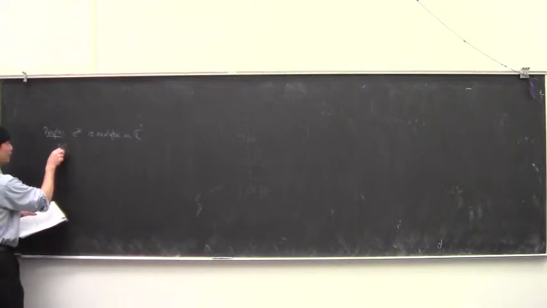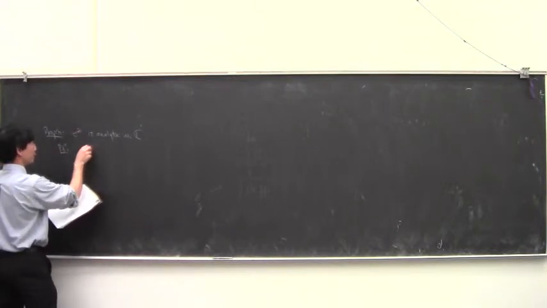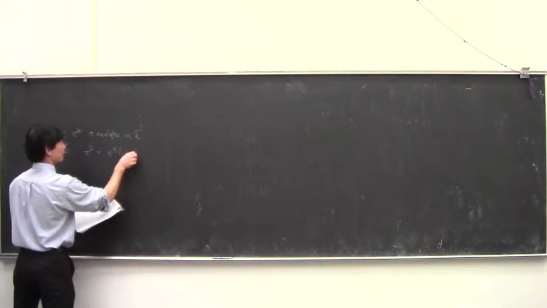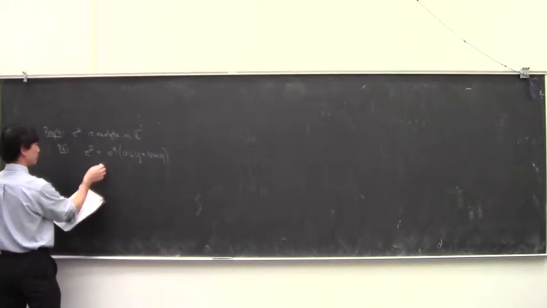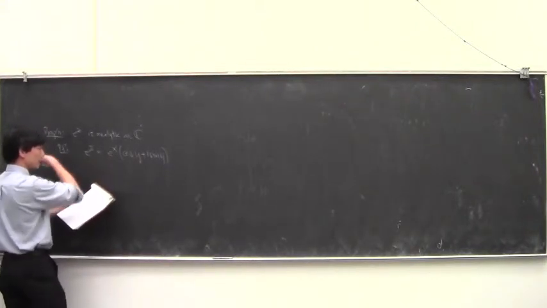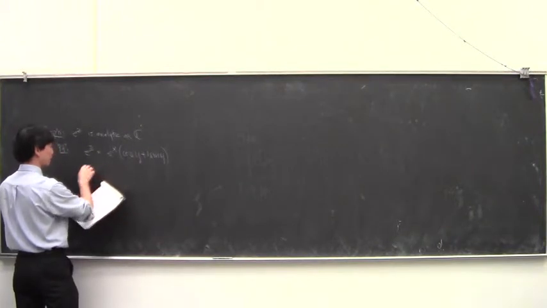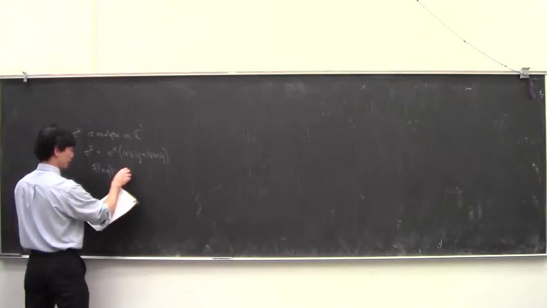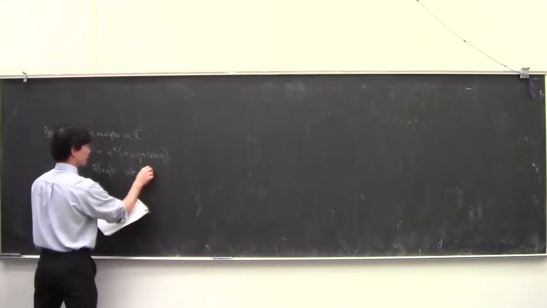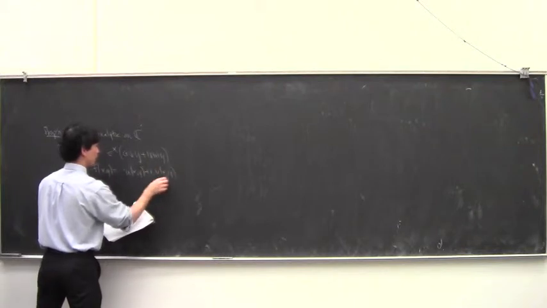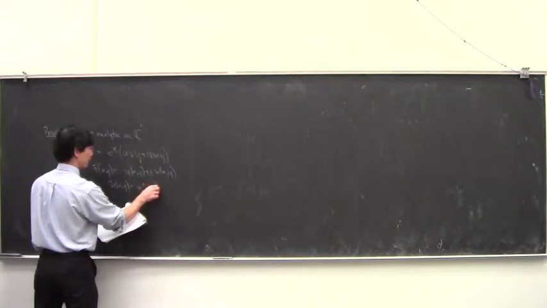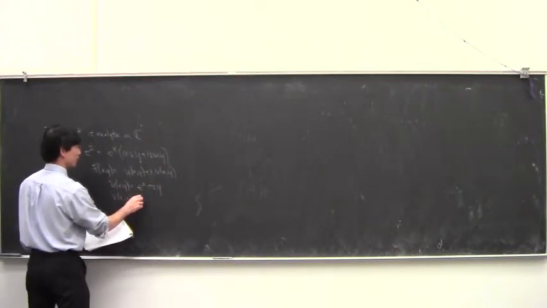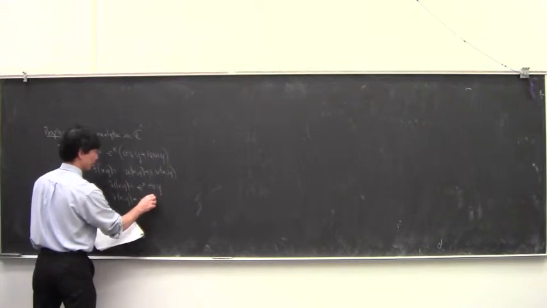Okay, proof. You say, well, e to the z is e to the x times cosine y plus i sine y. That's thinking of it as a function on R2. This function is u(x,y) plus i v(x,y), where u(x,y) is e to the x cosine y, and v(x,y) is of course e to the x sine y.